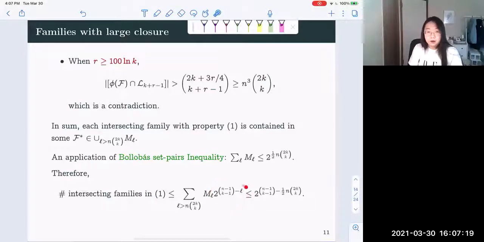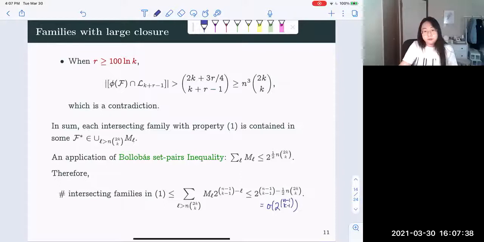You just take all the subfamilies and you sum over all the maximal families, right? And then using this upper bound, we get this number. And now this is much smaller than here, much smaller than the number of stars. So that is what we want to prove. Okay, so this finishes case 1.